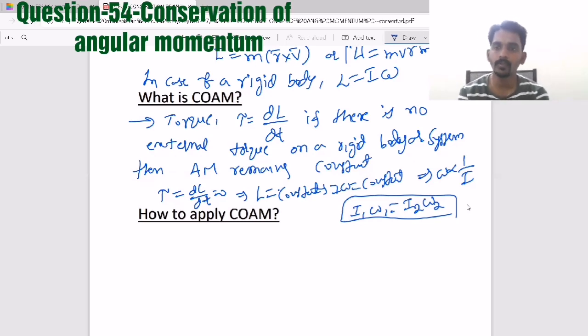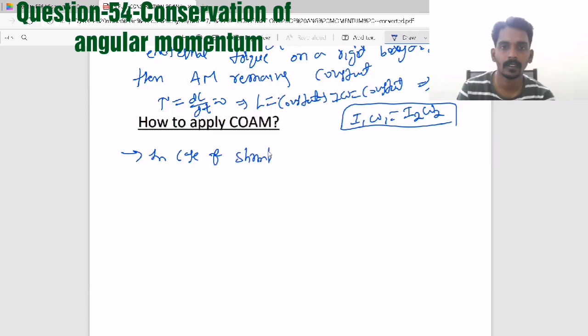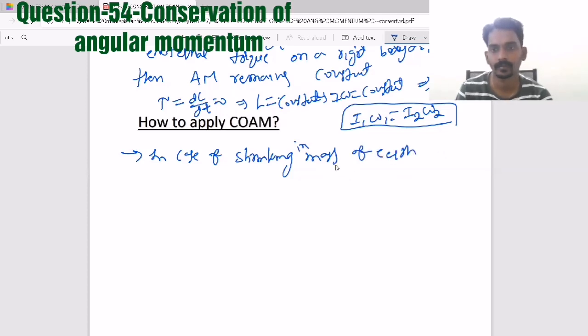They can give many examples. One example is shrinking in the mass of the Earth, where the angular momentum remains constant.